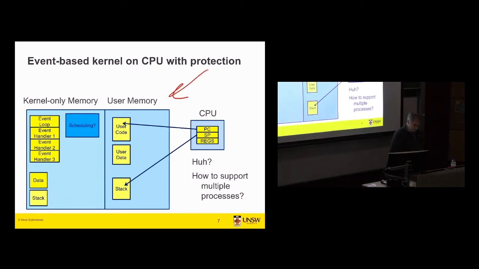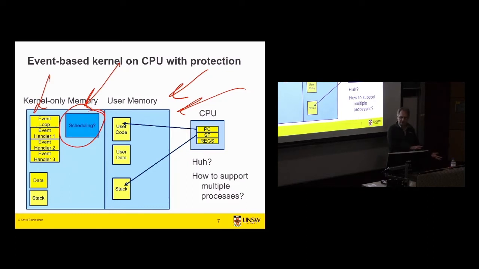So there are a few things missing here in the model, or questions that you might be asking yourself to complete this idea of: I've got an event model inside the operating system, but I've got a process model inside the application. Well, how does scheduling work then? How do we match the currently running process with what's going on inside the operating system?